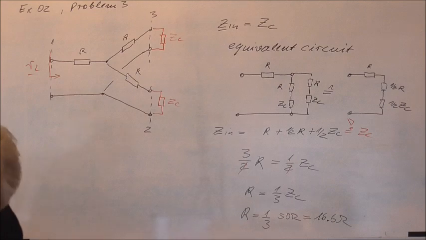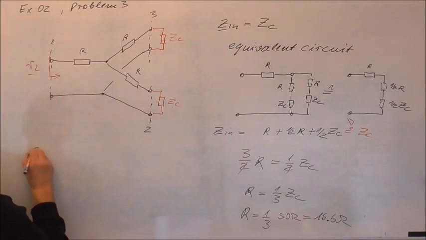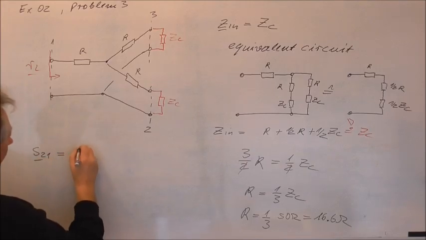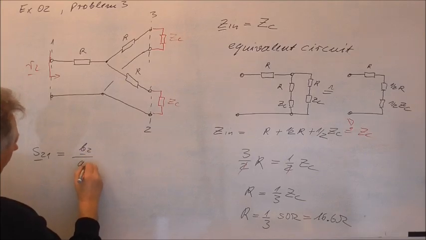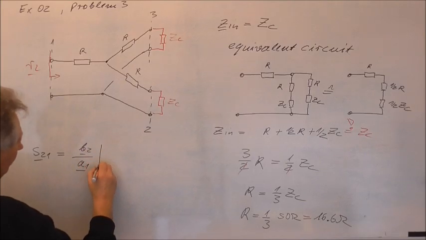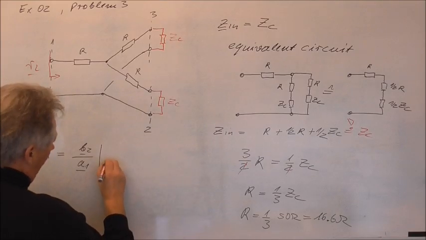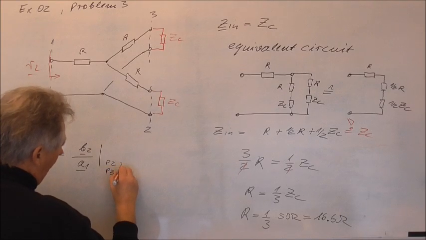And we can say S21 would be B2 over A1 if, again, port 2 and port 3 are matched.